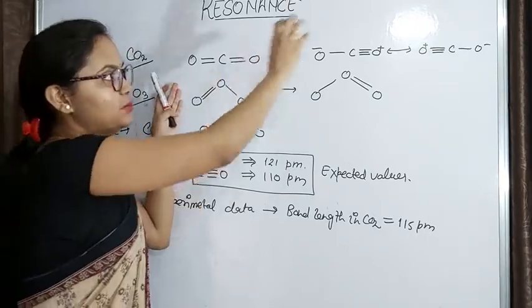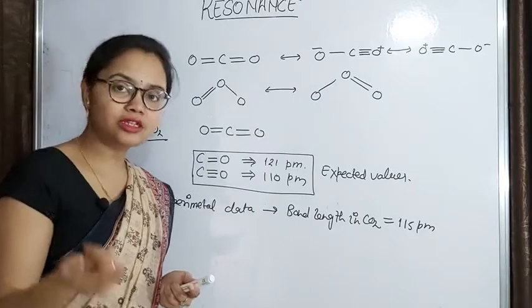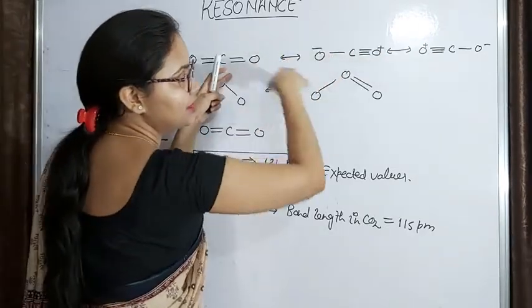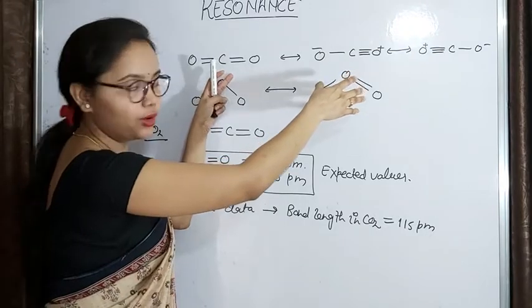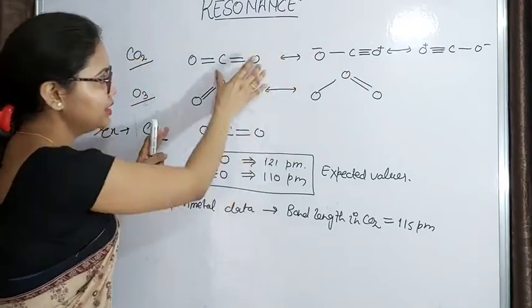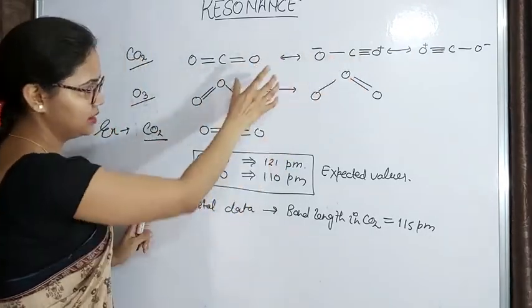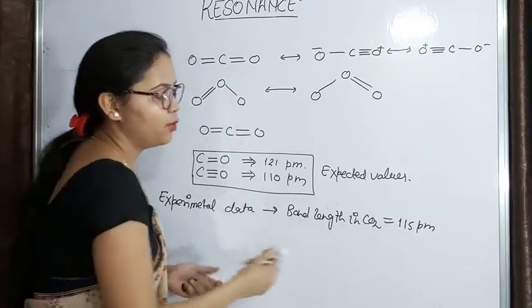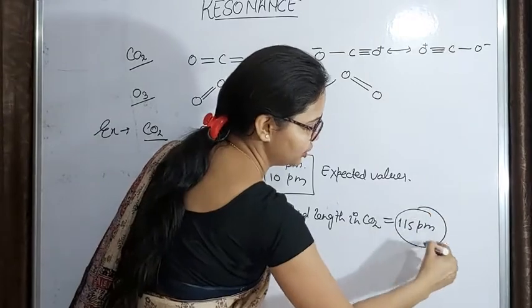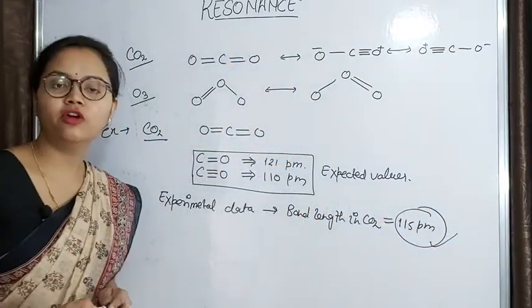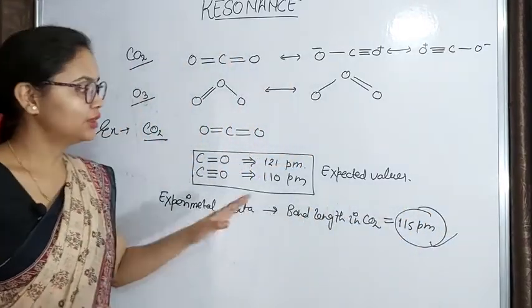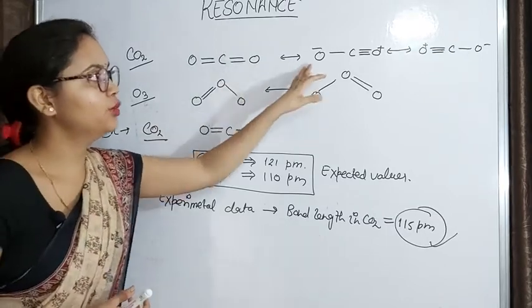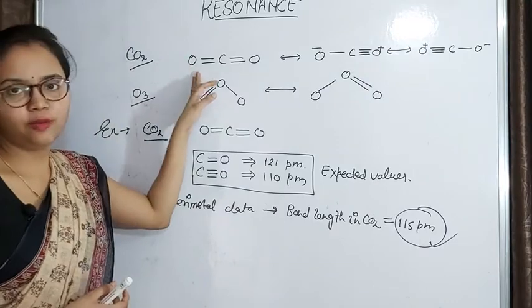So these are imaginary structures, and the actual structure of the CO2 molecule will exist in between these three structures. Experimental data says 115 picometer, which is the bond length in the actual structure. So this is why we have to draw more than one Lewis bond structure for a particular molecule.